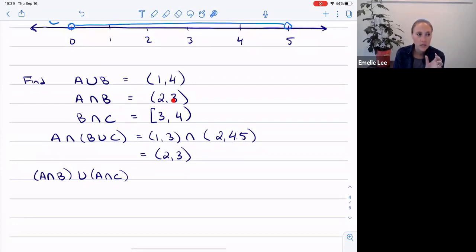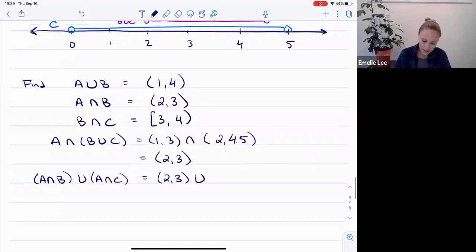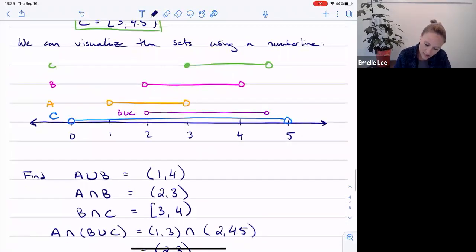How about A and C? Do I have it yet? I do not, so I have to find it. How I'm going to write this is I have A and B from before, and that's 2 to 3, union A and C.